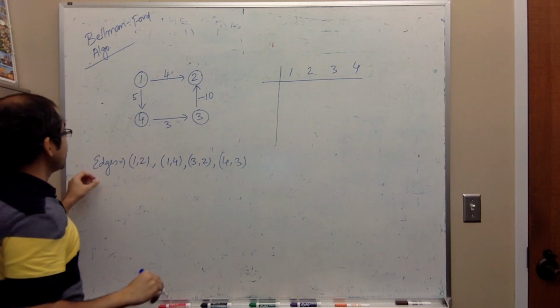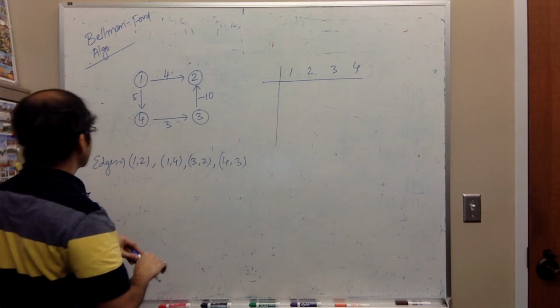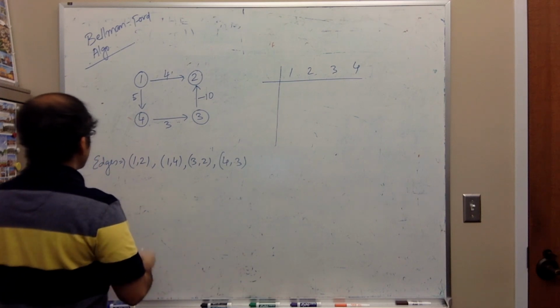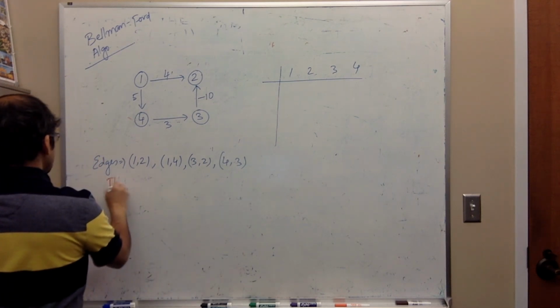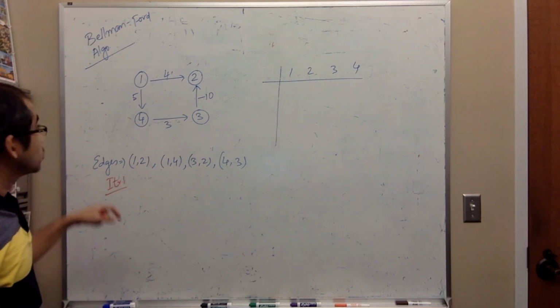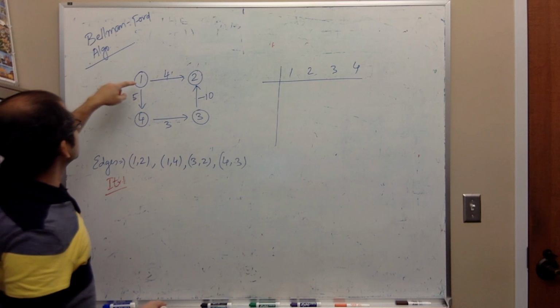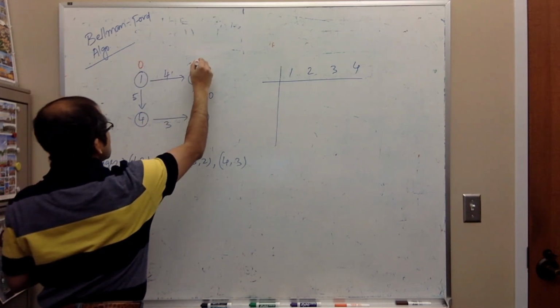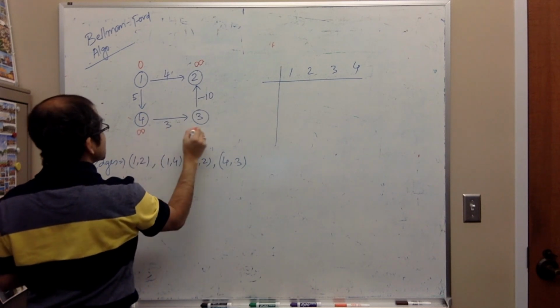So let's see, this is a simpler graph, so we probably can do it faster. Iteration 1. Let me first write 0, infinity, infinity and infinity.